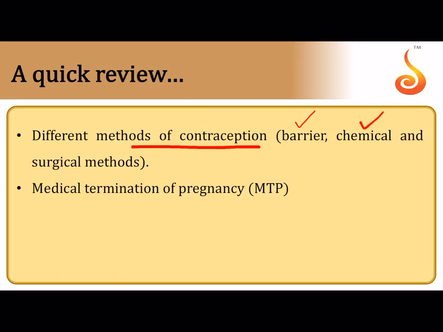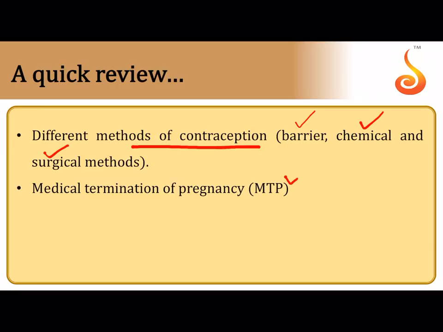The chemical methods are in the form of oral pills, oral contraceptives, or in the form of injectables and implants, or in the form of spermicidal creams, jellies or foams, isn't it? And then we had discussed the surgical methods. In surgical methods, also called sterilization, we had called them terminal methods. Vasectomy in case of male and tubectomy in case of female.